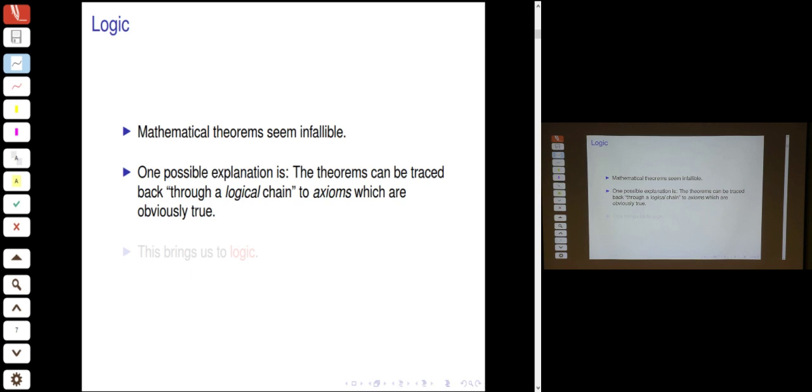Let me repeat it. So what is a theorem? For the theorem, you start from something called axioms. Axiom means something obviously true. And then you follow the logical rules step by step. In the end, you reach the conclusion. Now, the logical rule, everybody, if you see the rule, you definitely believe the rule preserves truth.